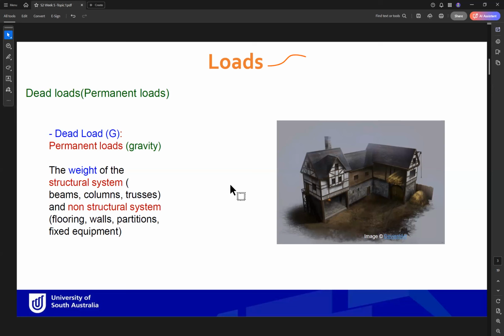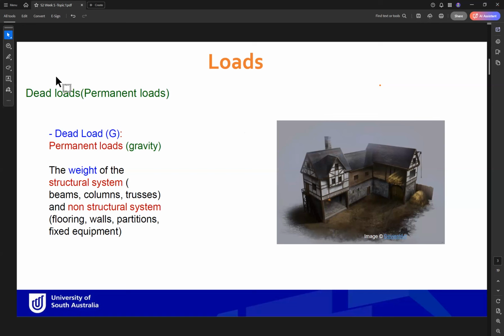So we have gravitational load, or vertical load, and we also have lateral load, or horizontal load.